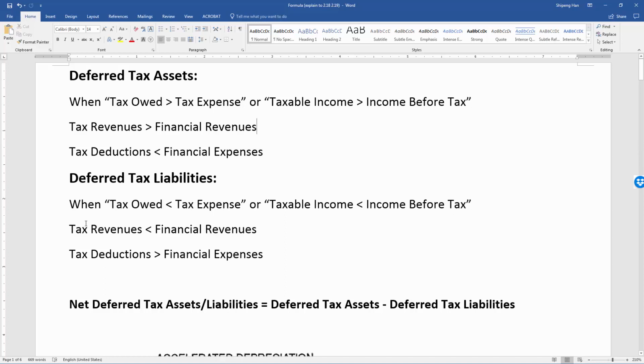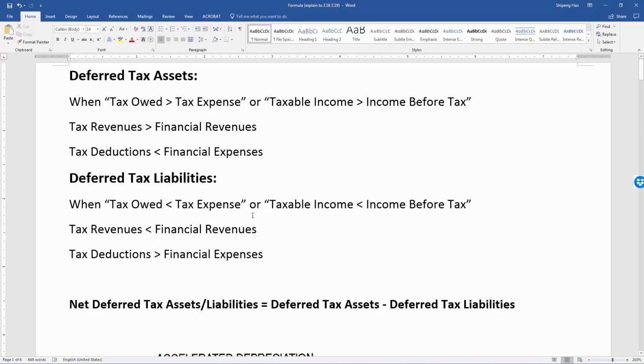Yes, the difference between tax revenue and financial revenue, and tax deductions and financial expenses. So you can see the direction is reversed for deferred tax liabilities.